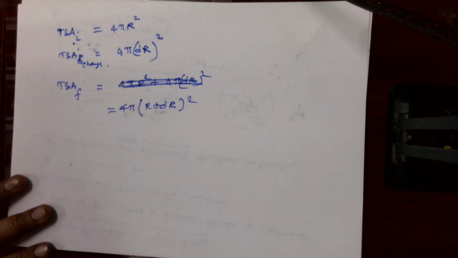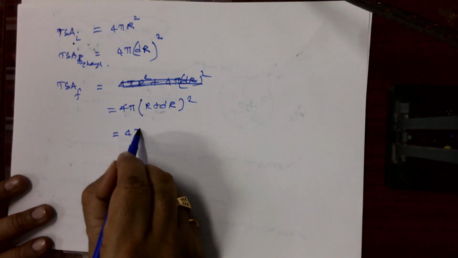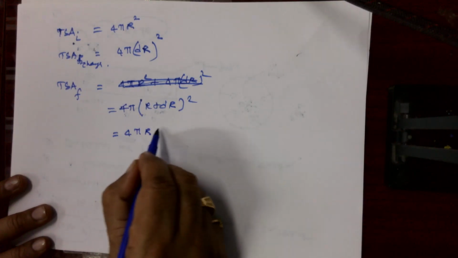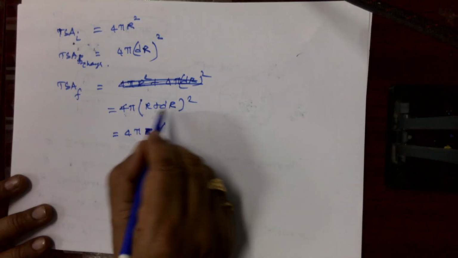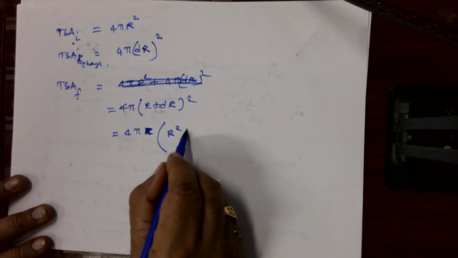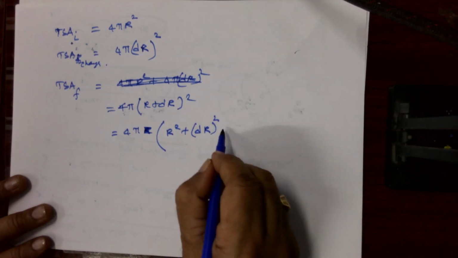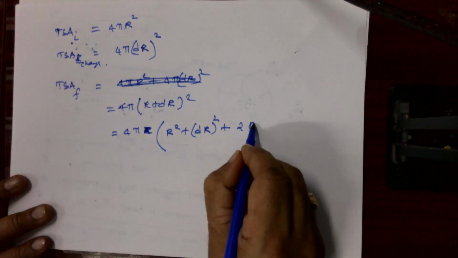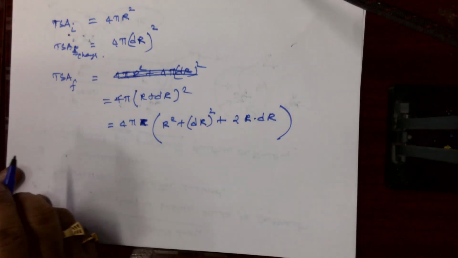Now let us expand this. 4 pi into, let us expand this, the a plus b whole square formula: r squared and dr squared and 2r into dr. Do you understand this?